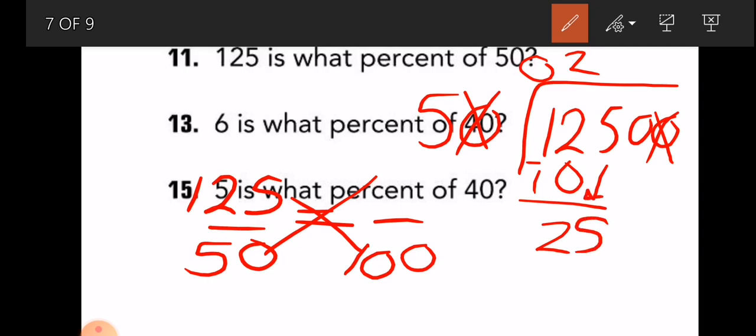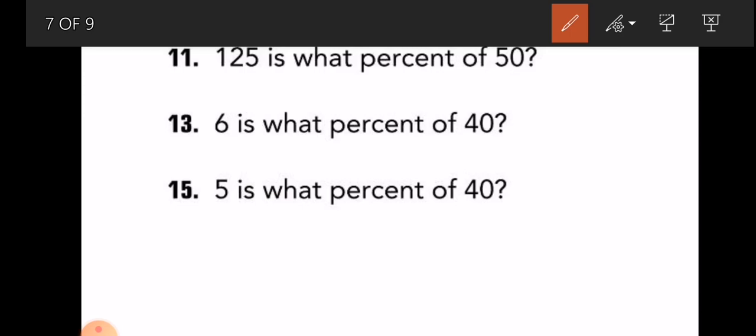Now 25 divided by 5 is 5. Multiply, 25. Subtract will give you 0. Don't forget that we still have 0 here. No need to bring it down. I will put it up directly. So 250. So my answer is 250%. Don't forget percent. Okay, and so on by the same way.